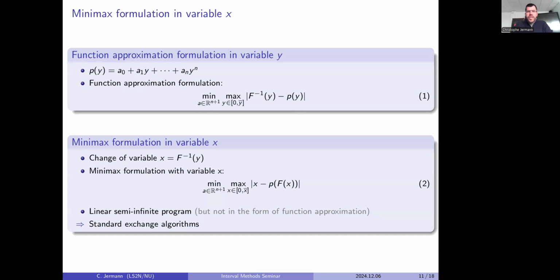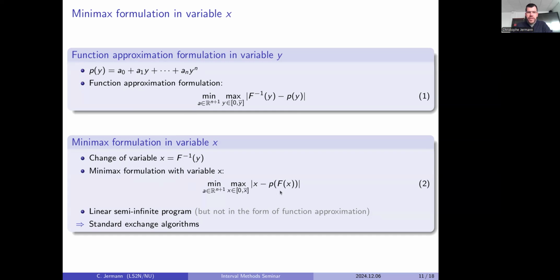But in our case, we don't have F minus 1. What we have is s in the case of our application, or the small f. So what we will see is that if we just consider the change of variable where x is the pre-image of y by f, then the minimax formulation in x becomes the following.